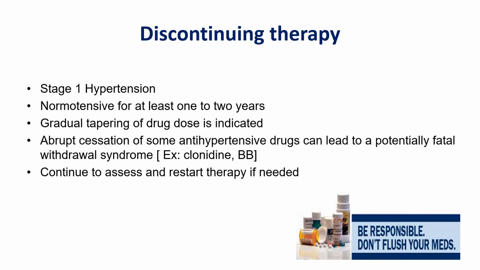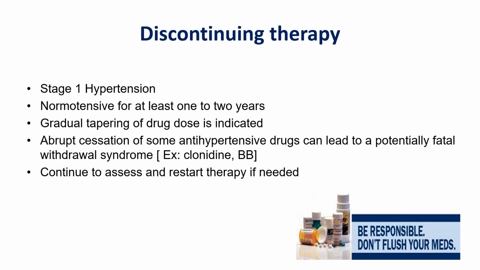So after a period of years, the question may arise as to whether antihypertensive therapy can be gradually discontinued or decreased at least. If the answer is yes, if a patient is stable, you can try, especially if the patient was on a very low dose of one drug.